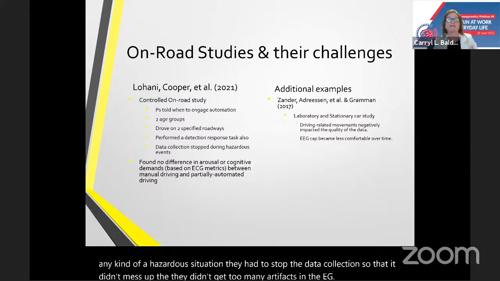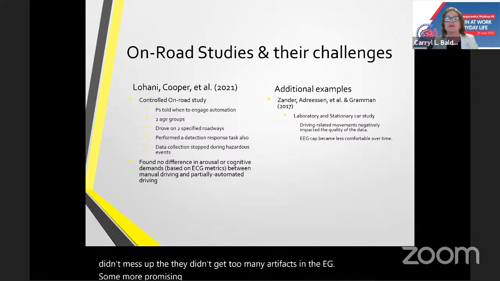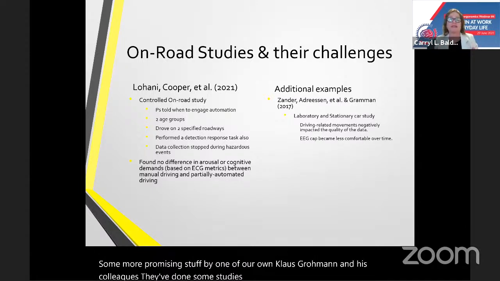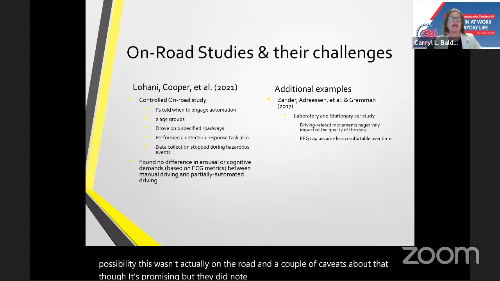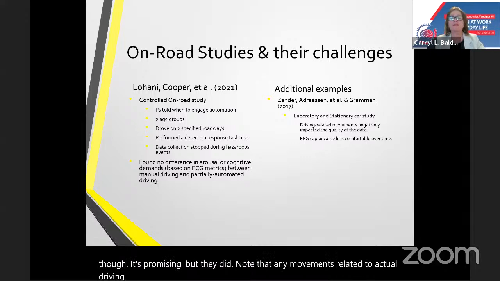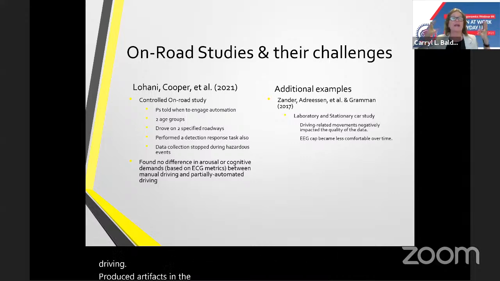Some more promising work is by one of our own, Klaus Grauman, and his colleagues. They've done some studies with promising results saying EEG is a possibility. This wasn't actually on the road, and there are a couple of caveats. It's promising, but they did note that any movements related to actual driving produced artifacts in the data, and that the EEG cap itself became uncomfortable over time.